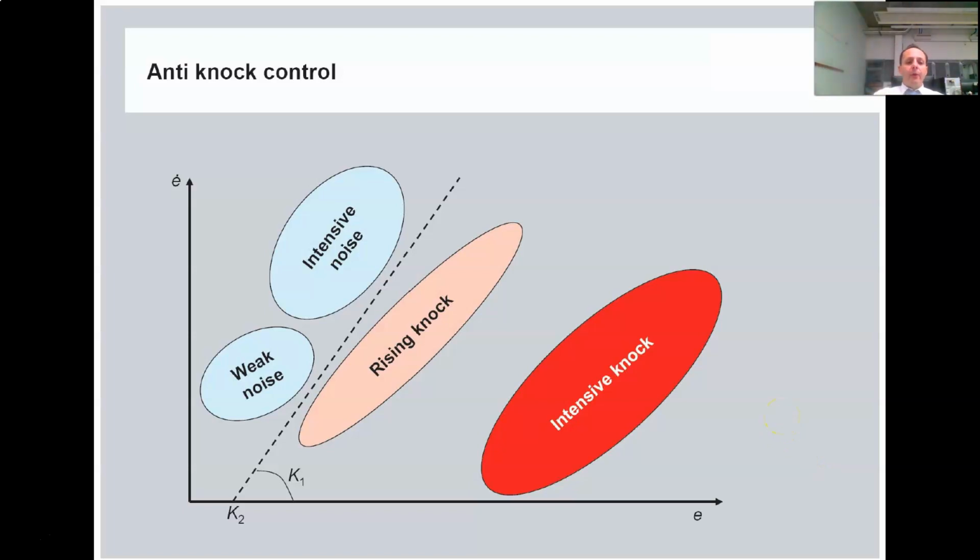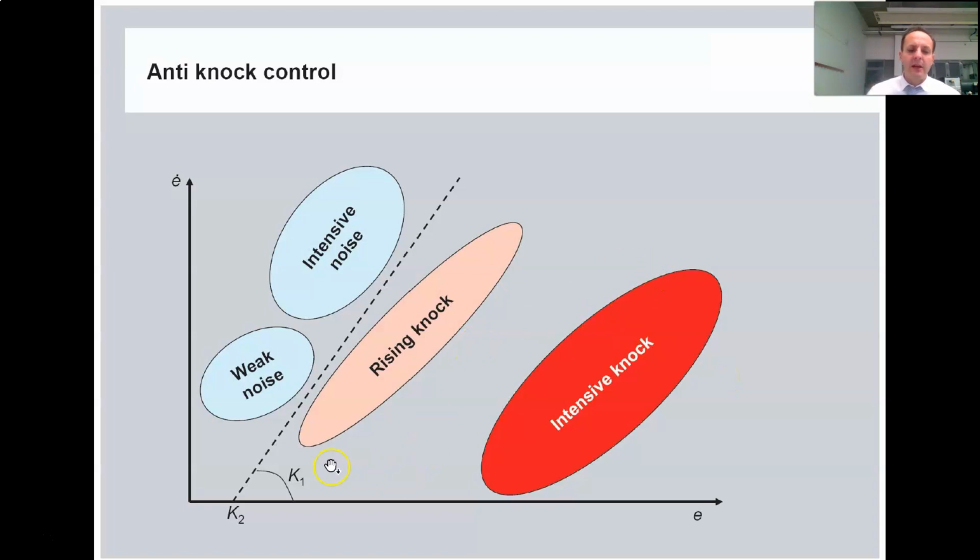And here is another way of anti-knock control, which is represented by this picture.